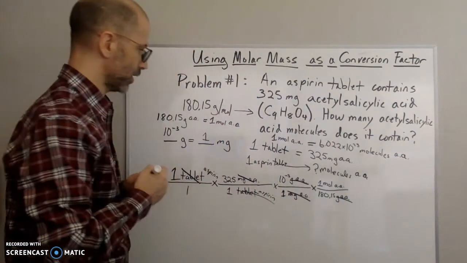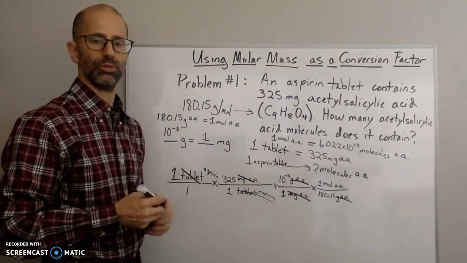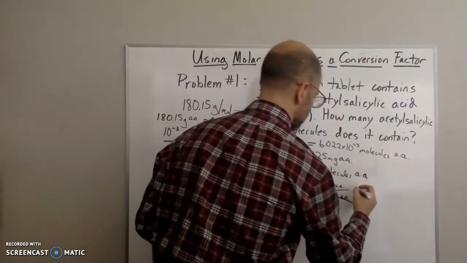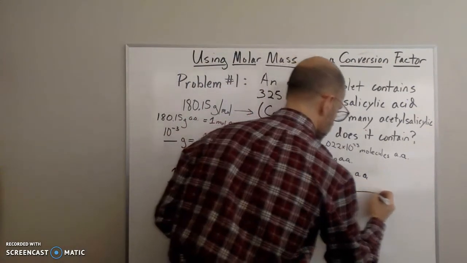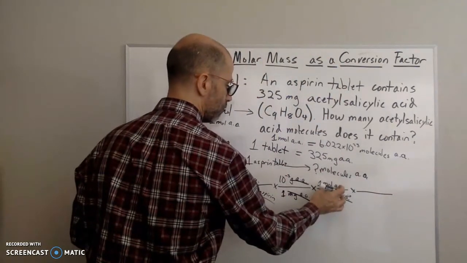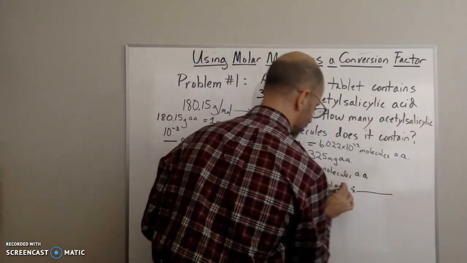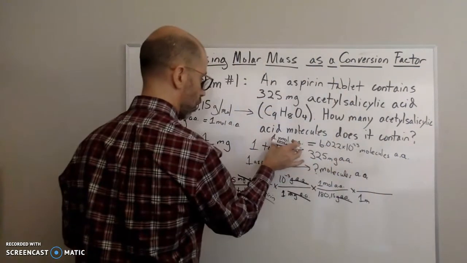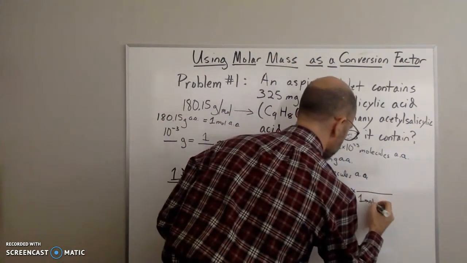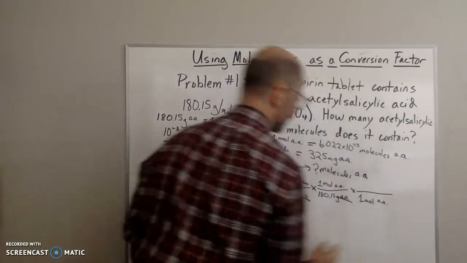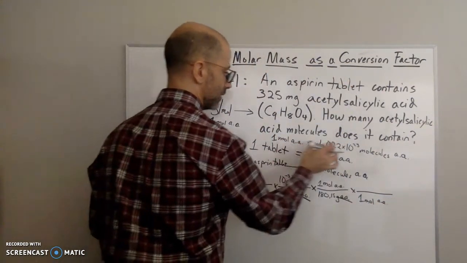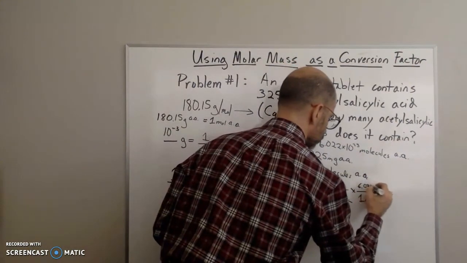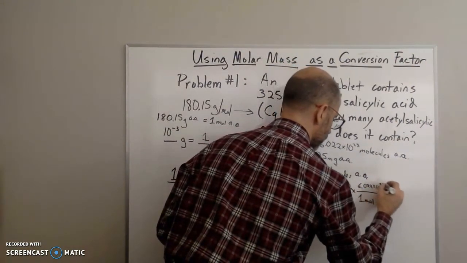So now I can use that relationship to convert from moles to particles, in this case molecules. So then, since I have moles on the top, I'm going to put moles on the bottom. So I have 1 mole of acetylsalicylic acid. And then on top, I'm going to put Avogadro's number, 6.022 times 10 to the 23rd.